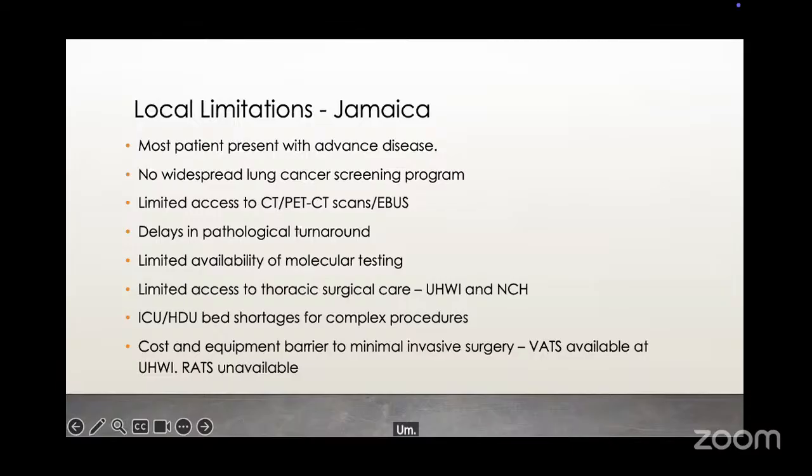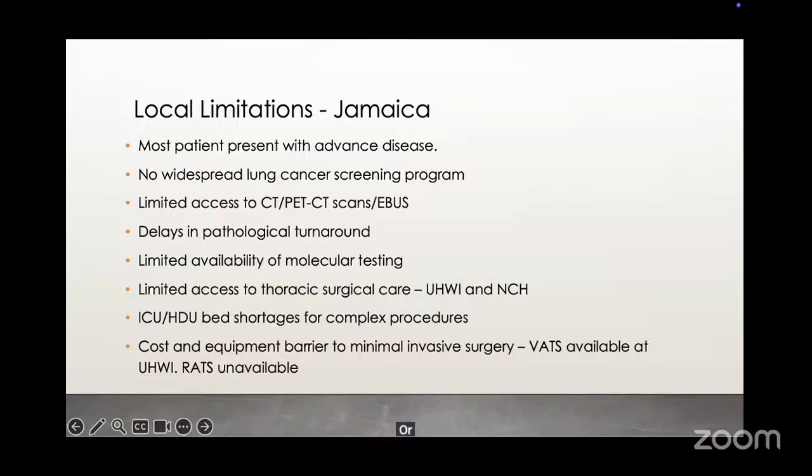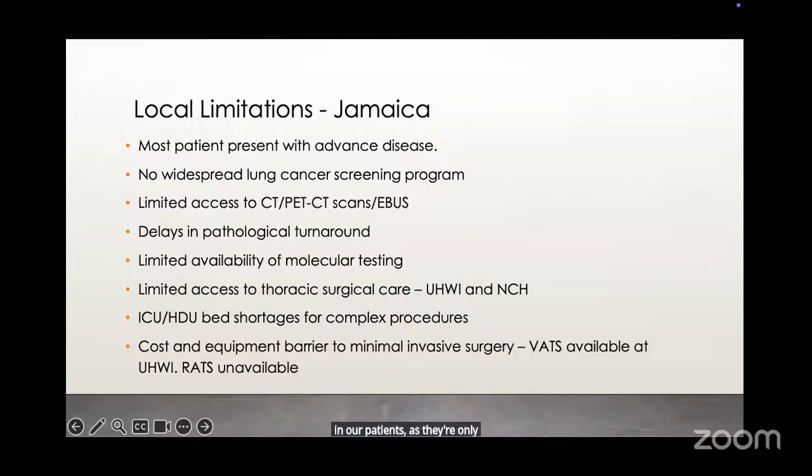Patients, especially those who are high risk, that may need complex procedures or even lobectomies or pneumonectomies, usually will require ICU coverage, which is limited, as it's only available currently at KPH, Kingston Public Hospital, and the University Hospital of the West Indies for our thoracic surgical patients.